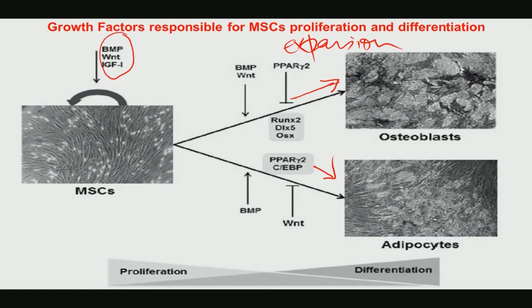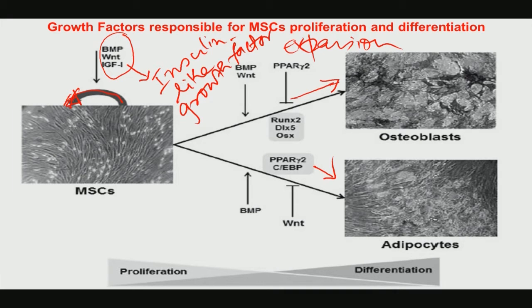Bone morphogenic protein, WNT, and insulin like growth factor 1. IGF stands for insulin like growth factor, which I mentioned while discussing cell signaling processes in one of the earlier modules. This arrow essentially means that it helps in the expansion of the stem cells. So, it still remains as mesenchymal stem cells, but it is not yet differentiated to a specific cell type.